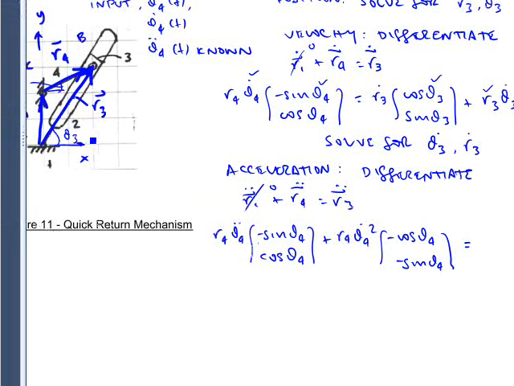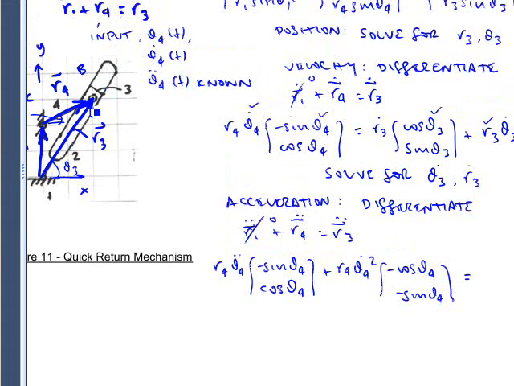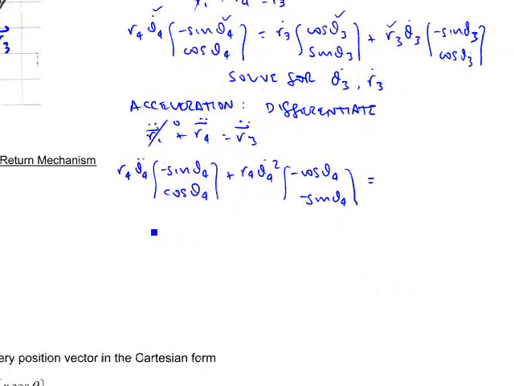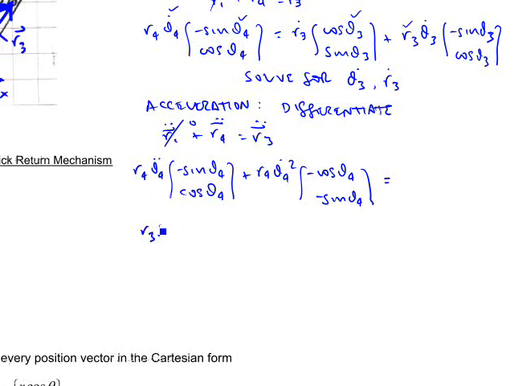r3 changes length and direction, so it's going to have all four components of relative acceleration. I'm going to have the r3 theta 3 double dot in the minus sine theta 3 i plus cos theta 3 j direction. I'm going to have the normal acceleration.